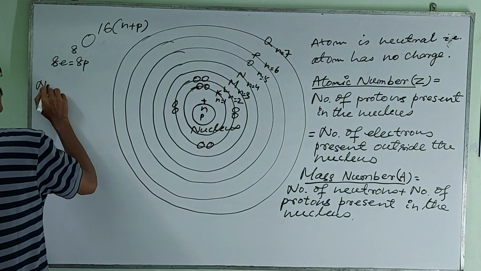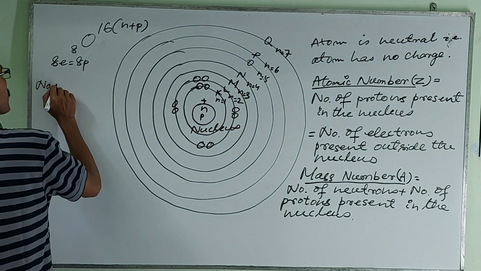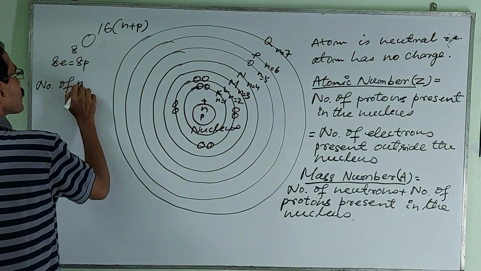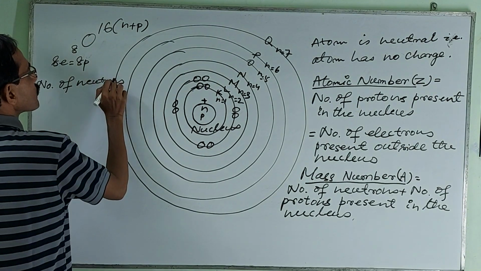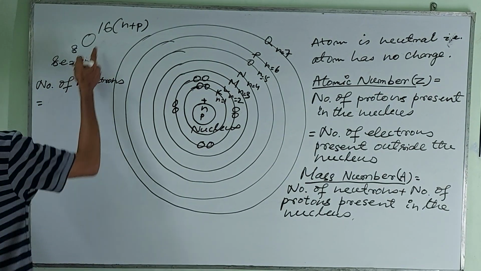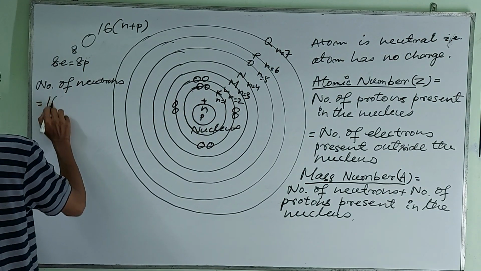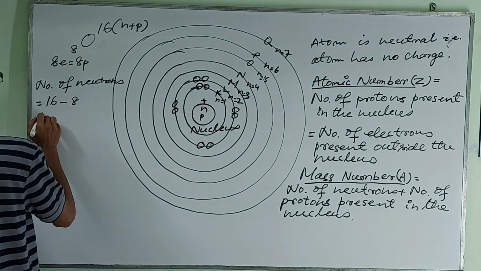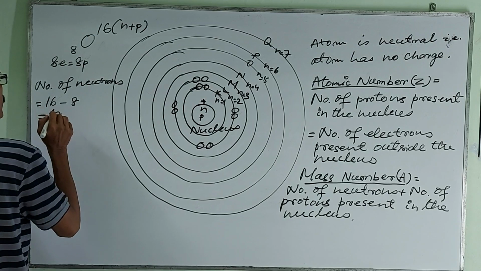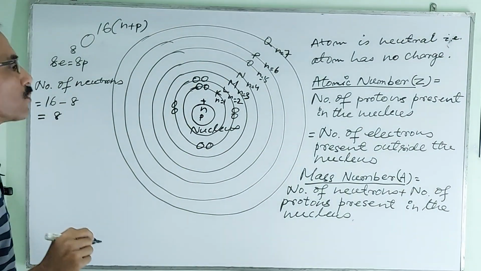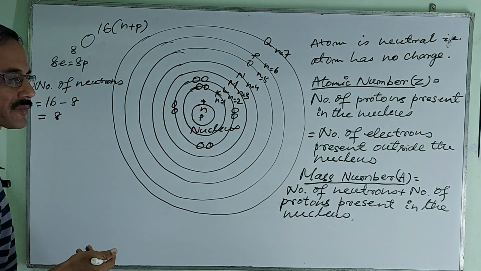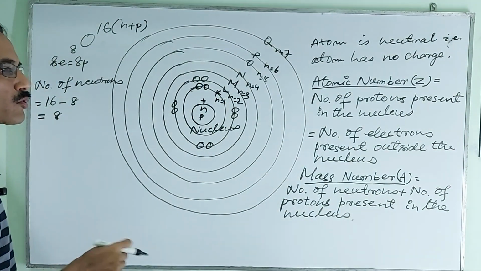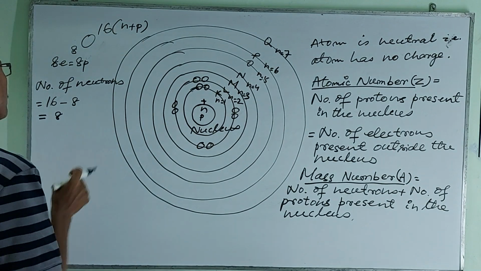Therefore, number of neutrons equals 16 minus 8, equal to 8. So in the atom of oxygen, there are 8 electrons, 8 protons and 8 neutrons.